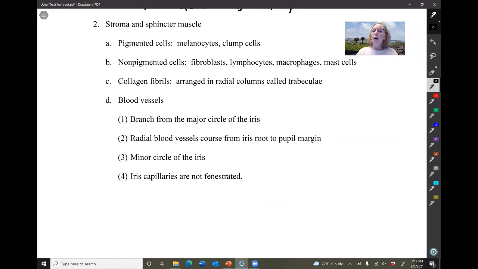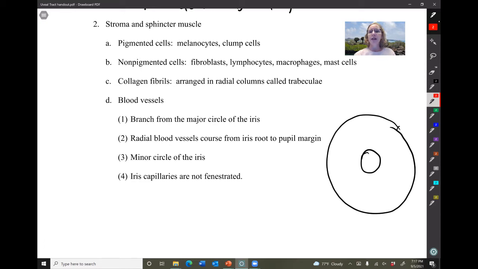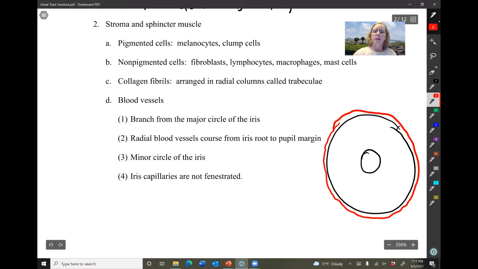If we draw the iris again, looking straight at the person, here's the iris root, here's our pupil. The major circle of the iris is located in the ciliary body, so we're going to draw it just outside of our iris root. Okay, that's our major circle of the iris.